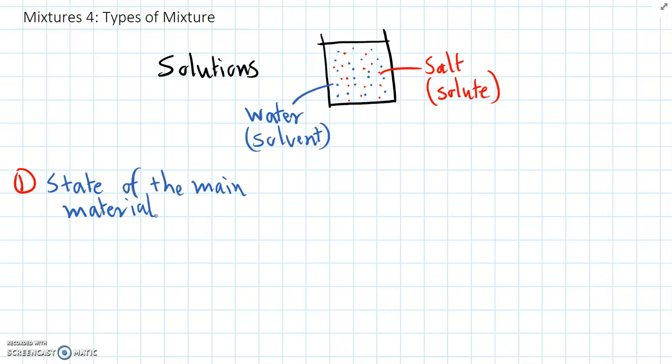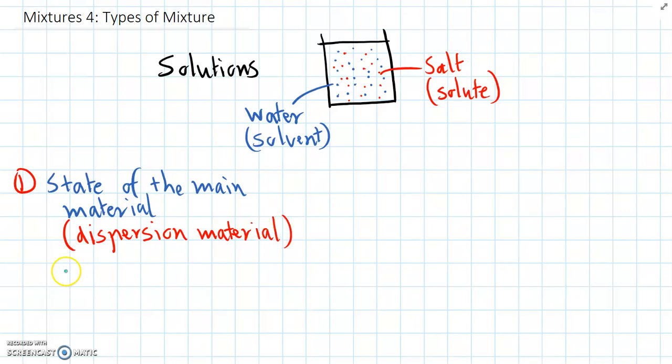And the main material we often call the dispersion material, because the other material disperses into it.